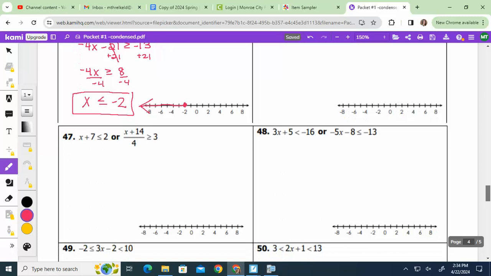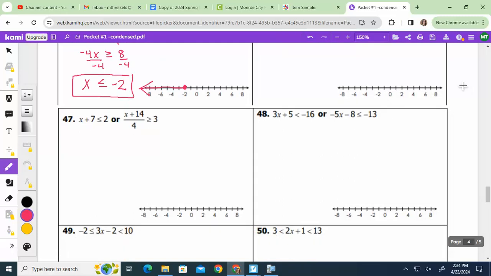If I look at 47, this is also an inequality, but there's 2 of them. So that just means I have 2 separate pieces, we solve them separately, we graph them separately. So the first one, we could subtract our 7. So x is less than or equal to negative 5.